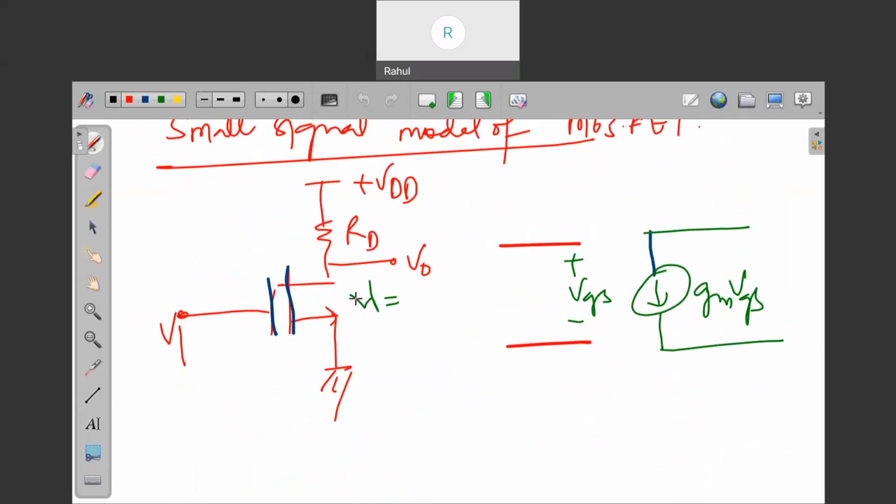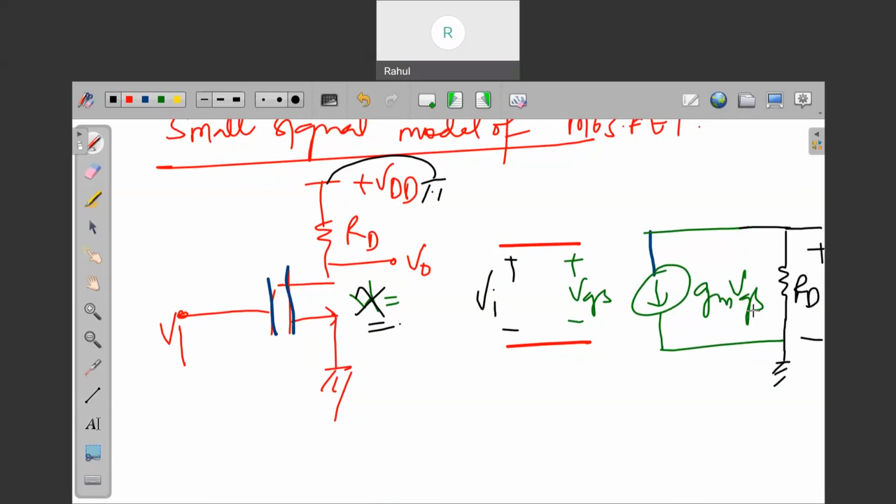Right now we are not considering channel length modulation. In case of AC analysis, this part will be grounded, so here you can connect RD directly, and the output will be across this, and there is an input vi.